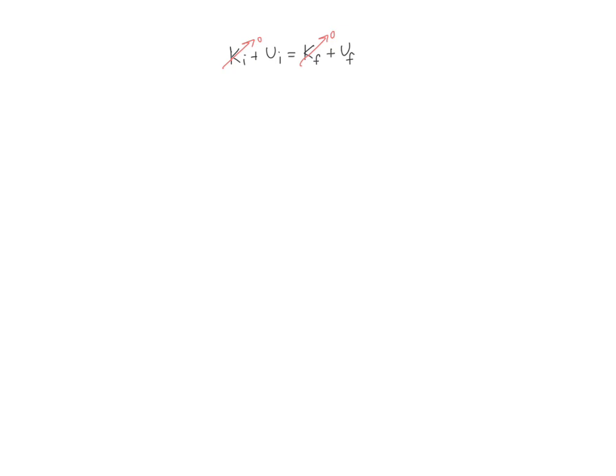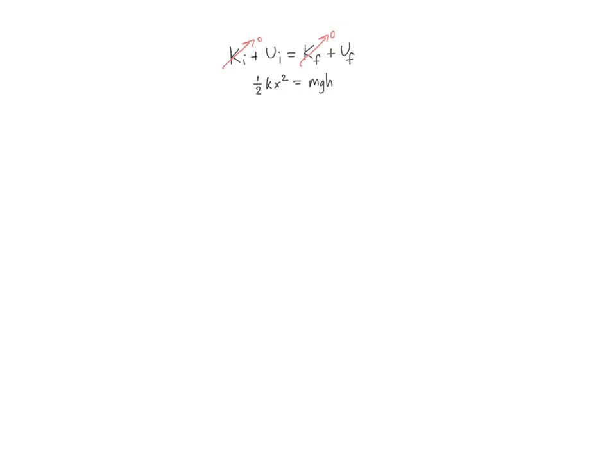So when we plug in the formulas, we have 1/2 kx squared is equal to mgh, and it's asking you to solve for the height h in terms of everything else.